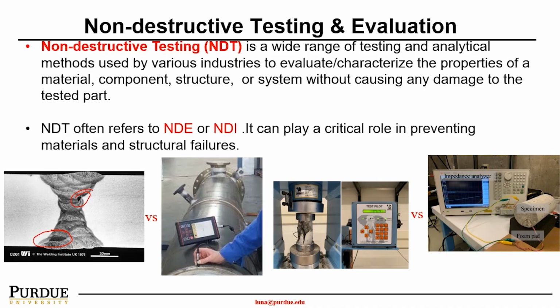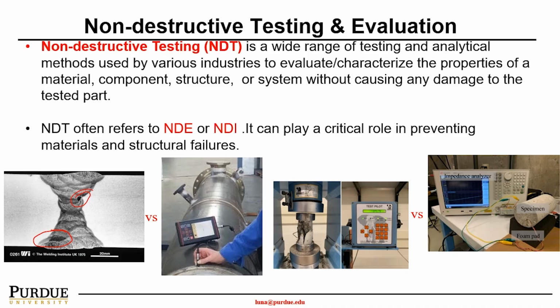Another example: to understand the strength or mechanical properties of concrete or steel, we typically do destructive testing and break the test sample. On the other hand, we could use sensing methods that send a wave and measure the resonant frequency of the material to understand its mechanical properties, which we will talk about in depth in the next couple of classes.